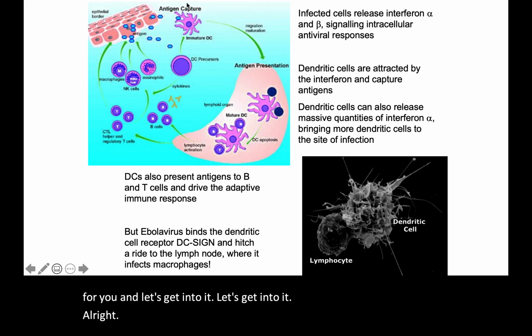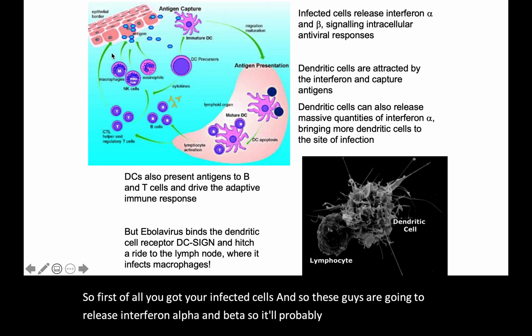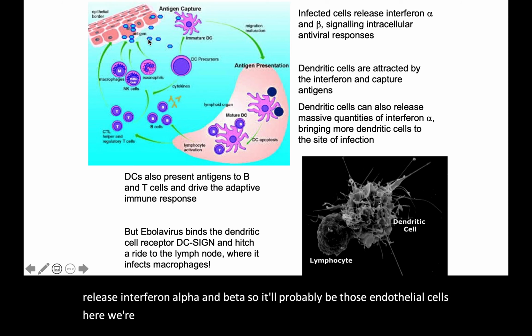So, first of all, you've got your infected cells. And so these guys are going to release interferon alpha and beta. And so it'll probably be those endothelial cells. Here we're talking about just a general infection rather than Ebola infection.